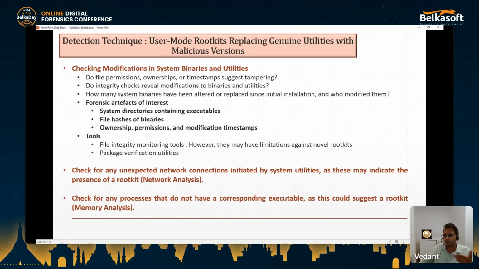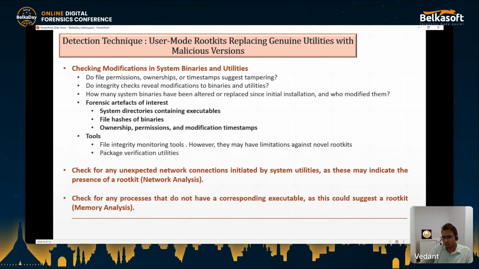On those directories, we have to enhance our focus to identify whether any utilities have been altered or not. We have to compare hashes to known good hashes to spot tampering, and also focus exclusively on timestamps and modification timestamps, like when those tools were modified.